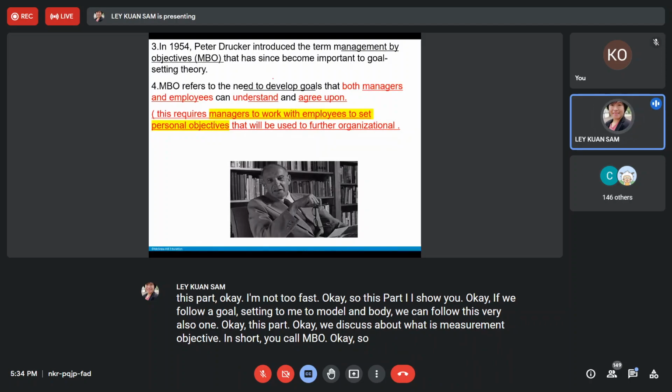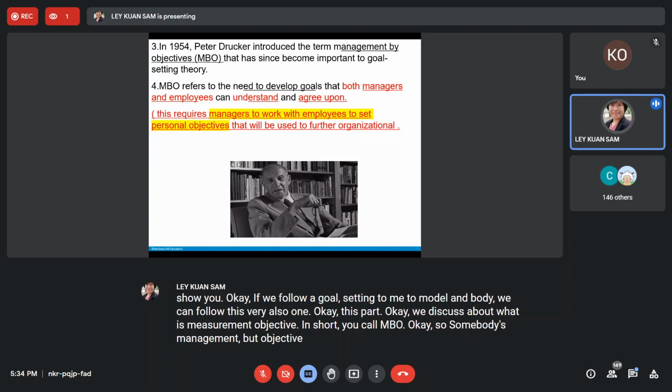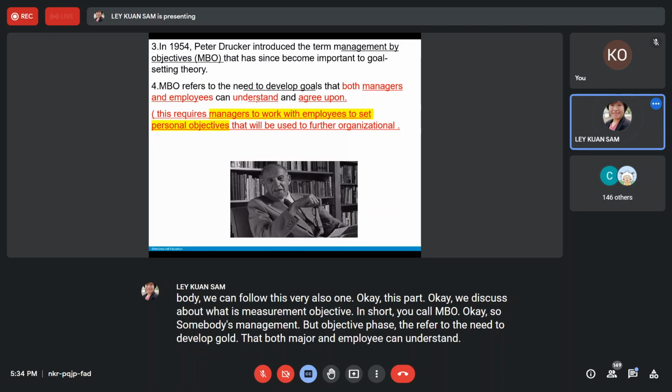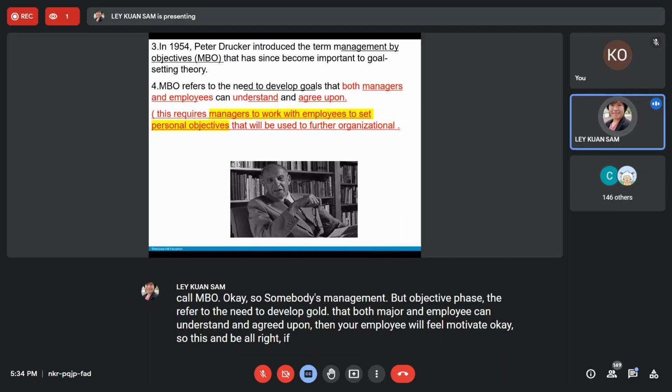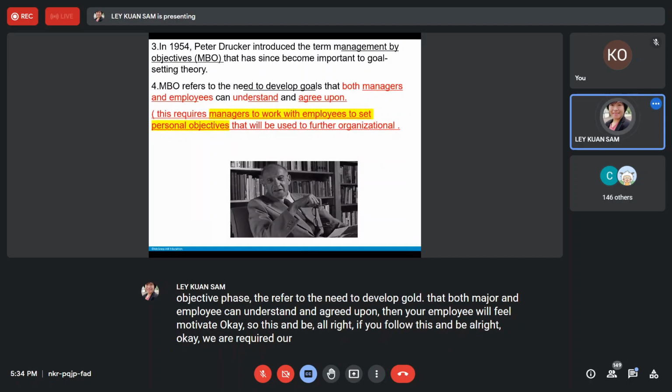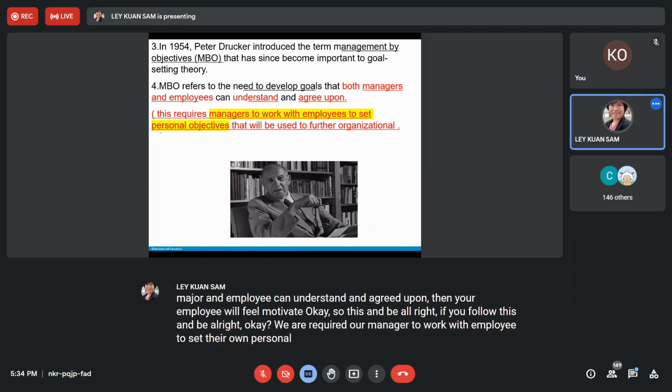Management by objectives refers to the need to develop goals that both manager and employee can understand and agree upon. Then your employee will feel motivated. If we follow this MBO, we require our manager to work with employees to set their own personal objectives.